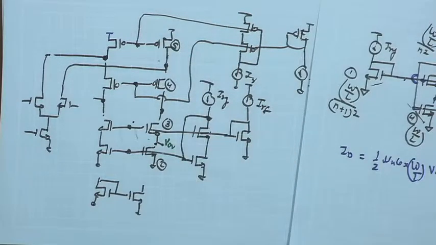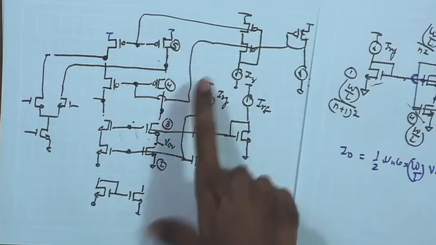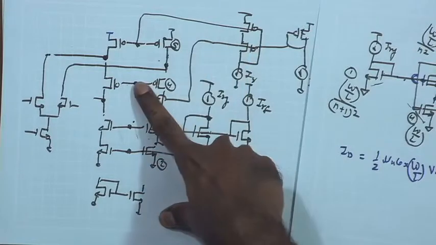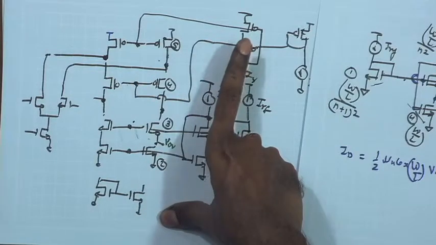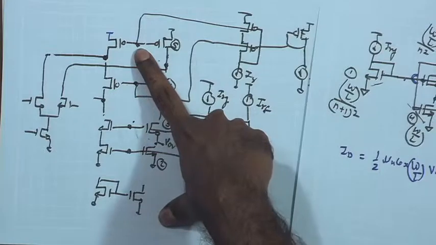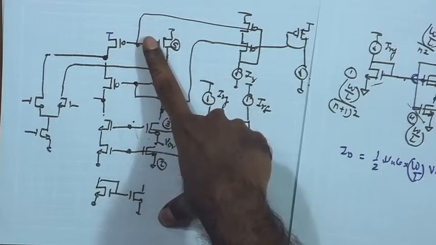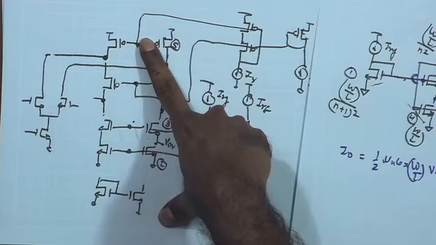But another major factor that I told you about is the common mode feedback. So, you need to take care of the common mode feedback. Probably you can still bias this PMOS with the help of this, but then you need to have at least one port where the common mode feedback will be coming, and this can be one port over here. So, I would probably like to control this one with the help of common mode feedback.